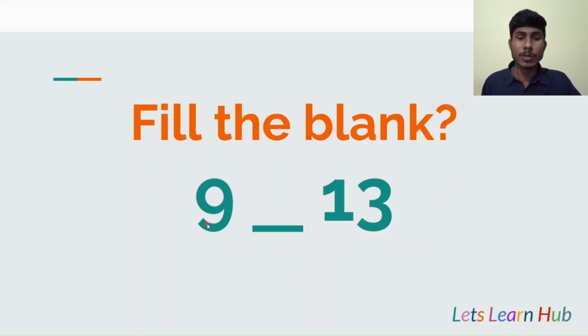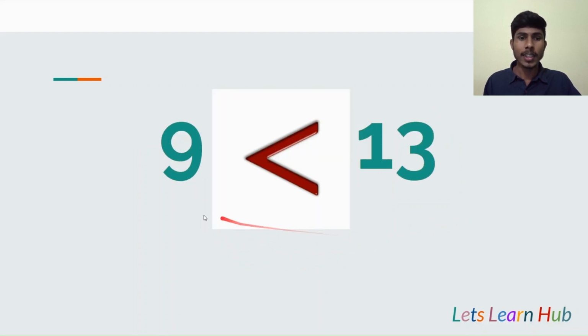We just need to see whether left number is less than or greater than right number. So here 9 is less than 13. And this is how we use less than symbol. This is what less than symbol represents.